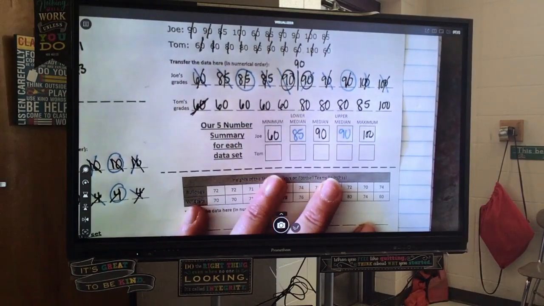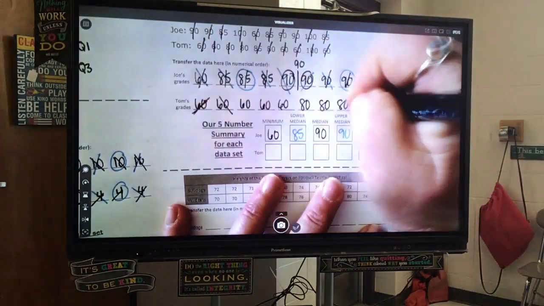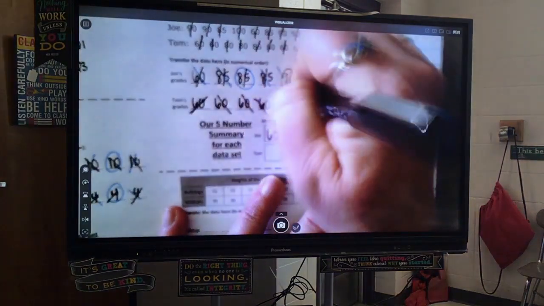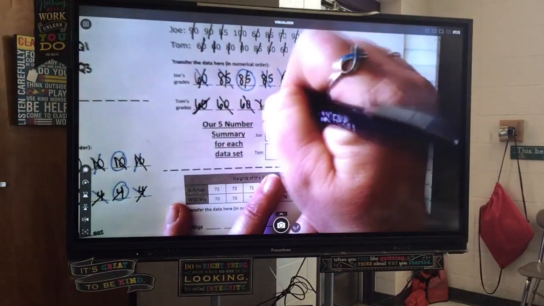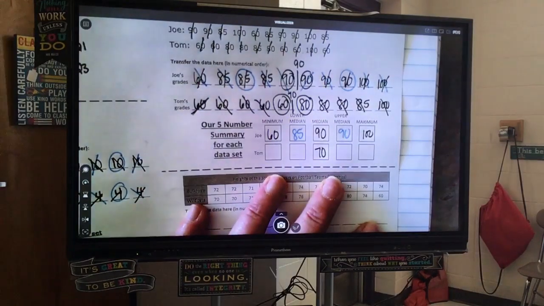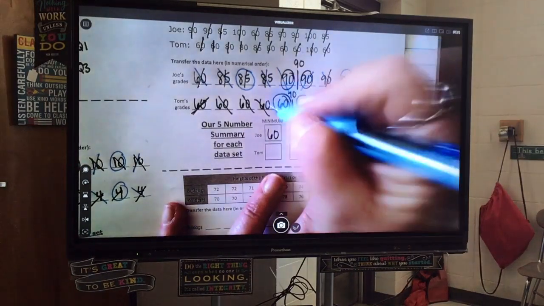I started out with the median and I just crossed off everything until I got to the center two numbers. So you ended up with 60 and 80, added those together and divided by 2, and got 70. Perfect. And then I just did the same thing that I did to find the median for the other two on both sides.